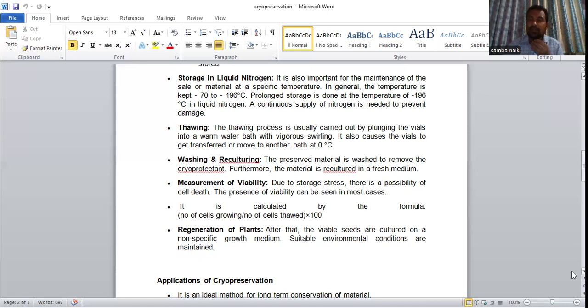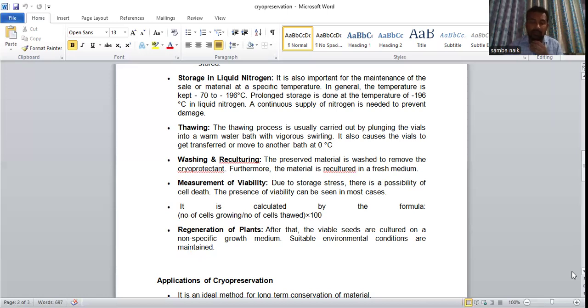Then the vials get transferred to another bath. What is the importance of thawing? The thawing process is usually carried out by plunging the vials.